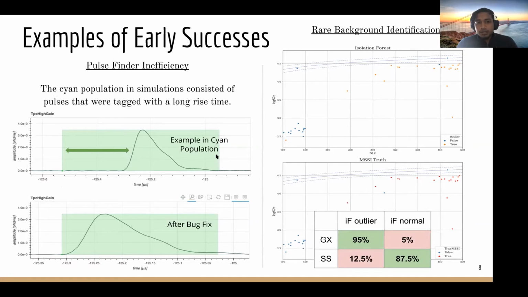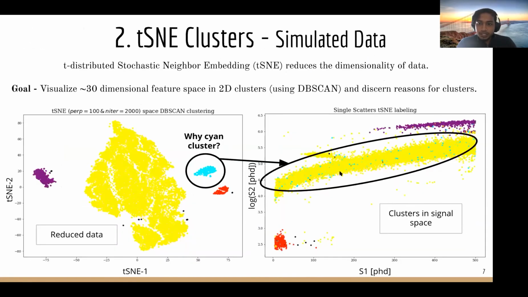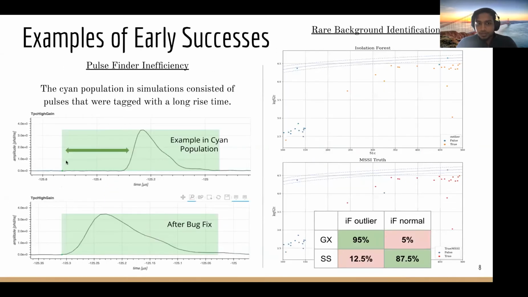We found that the cyan population in t-SNE space that's interspersed in the ER band all have events that take a long time for the pulse to start after the pulse boundary had been defined. So this is a problem in how this pulse finder was operating.